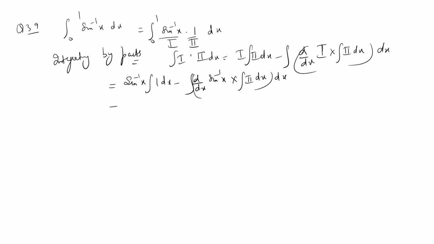This becomes x sine inverse x minus integral of 1 upon root 1 minus x square, and the integral of second here is again 1 dx, so it becomes into x dx. Okay, right? So I am left with this here: x upon root 1 minus x square dx.